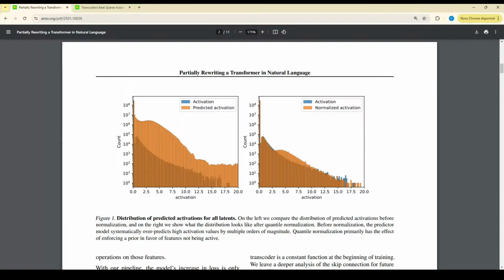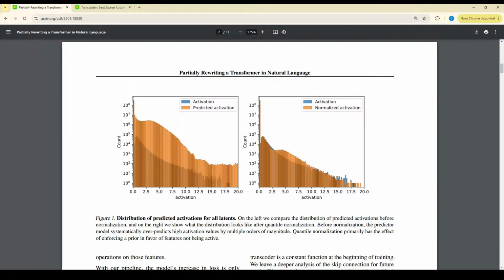Again, it's important to note that we are not using the ground truth to push each activation to the correct number. We are just saying, okay, our predictor is very uncalibrated. We know what the empirical distribution should be.